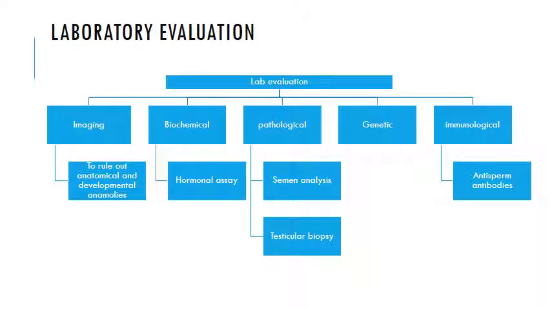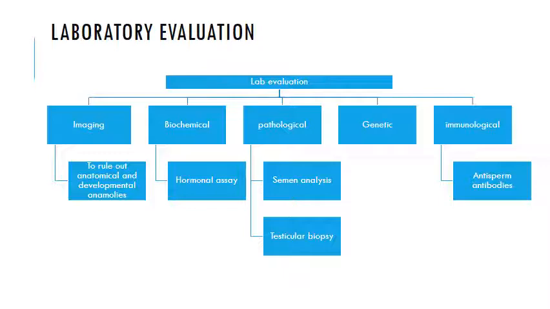Coming to laboratory evaluation of male infertility, it can be divided as imaging studies, mainly to rule out anatomical and developmental anomalies; biochemical evaluation, where we come across hormonal evaluation of the patient, especially FSH, testosterone and prolactin; then pathological evaluation, where we evaluate the seminal fluid.